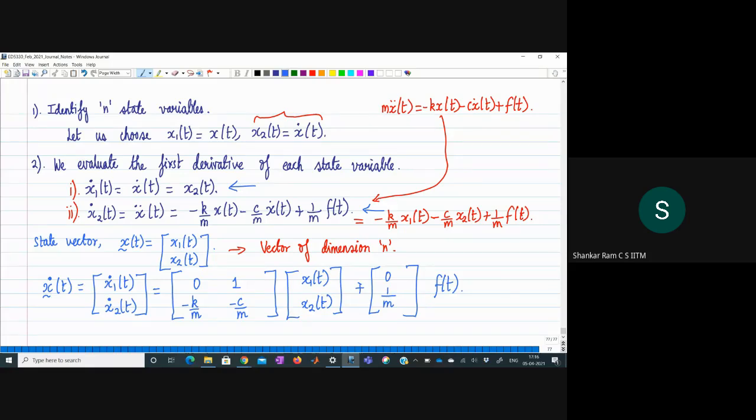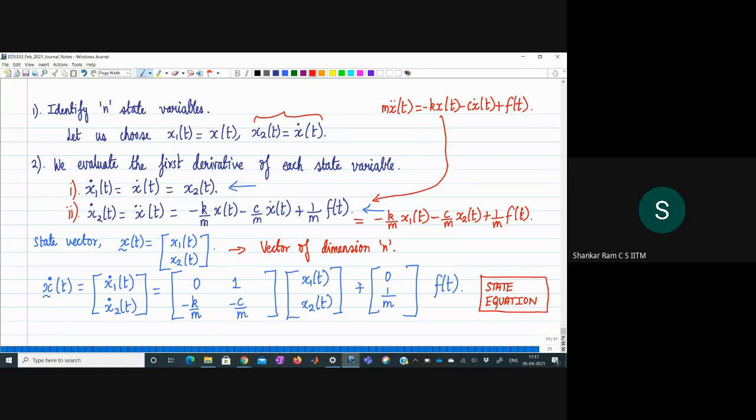So you can immediately recognize that this is a vector first order differential equation, and this is what is called a state equation. This equation, which is a first order ODE but a vector ODE, characterizes how the state variables evolve with time.